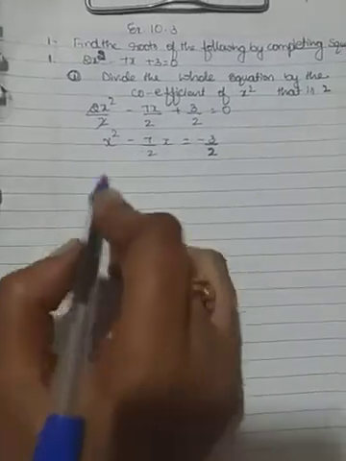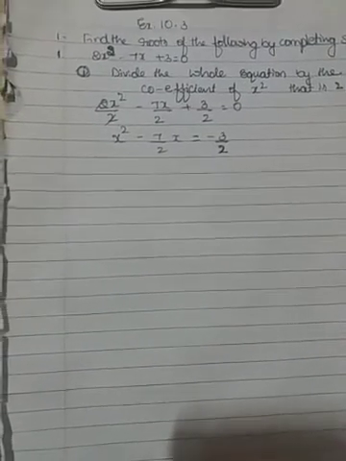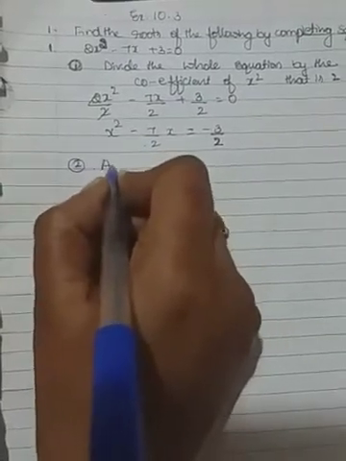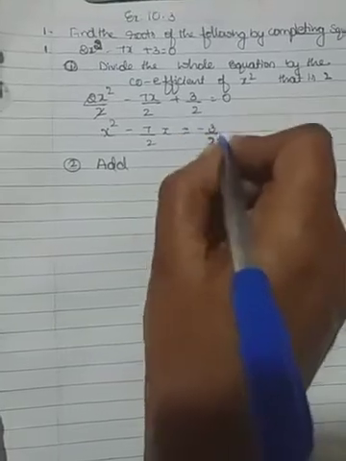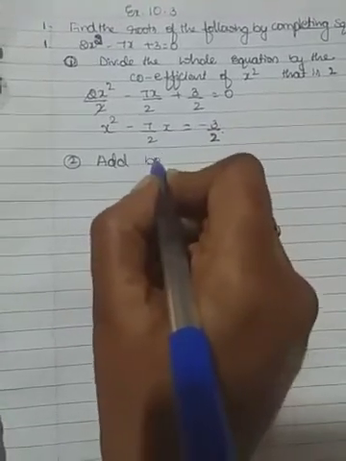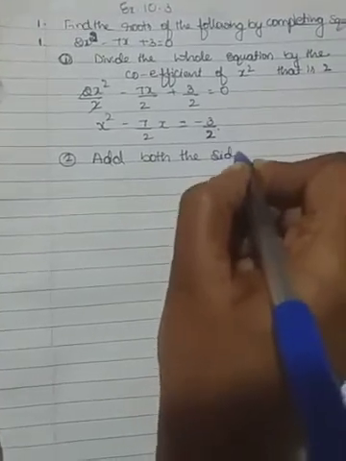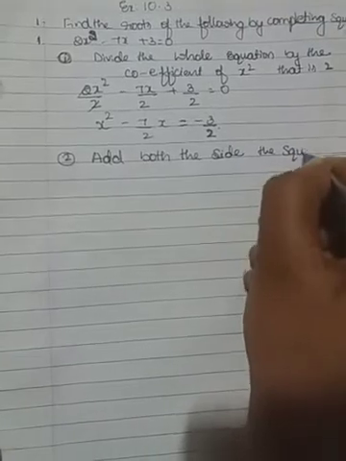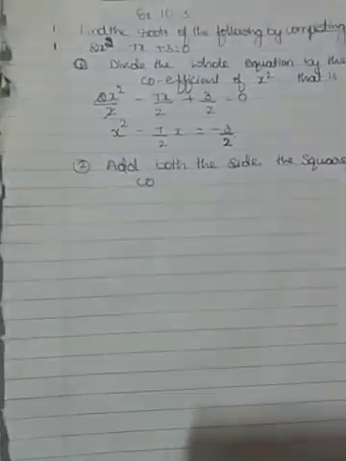Next step: after taking the constant term to the RHS, add to both sides the square of half the coefficient of x.